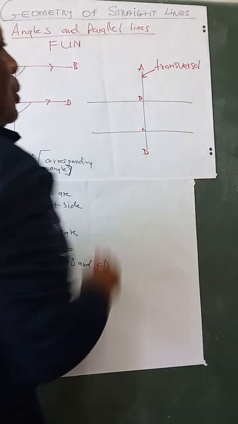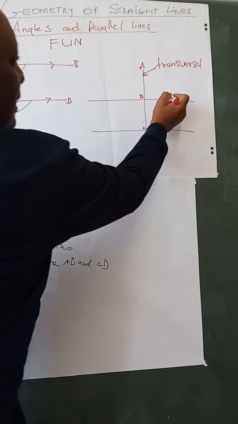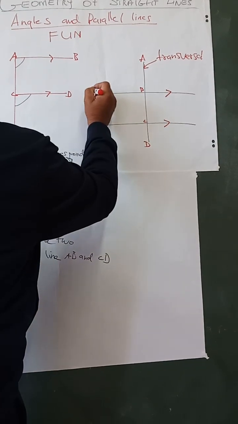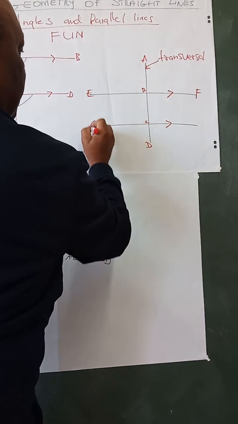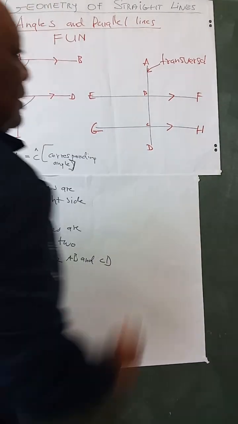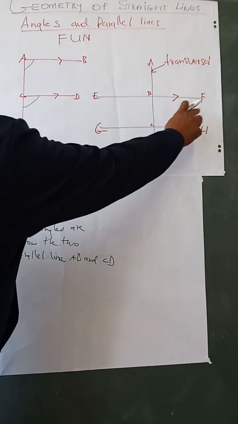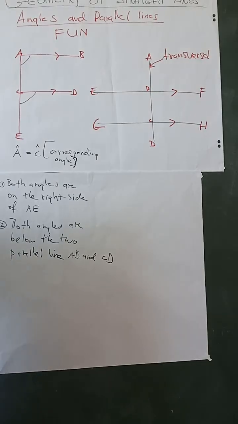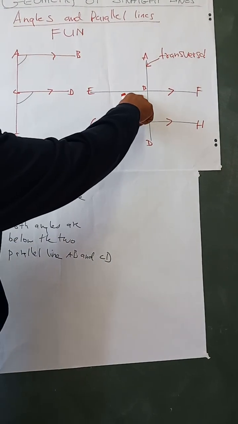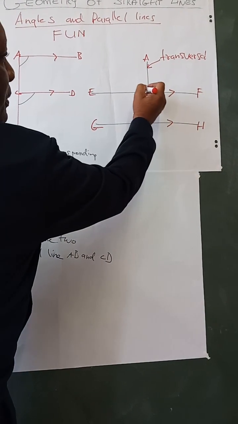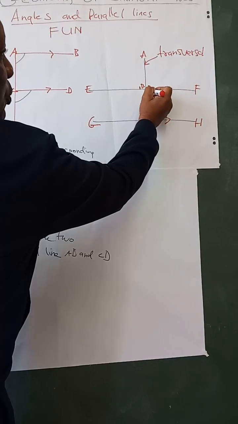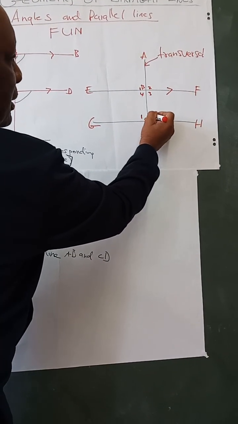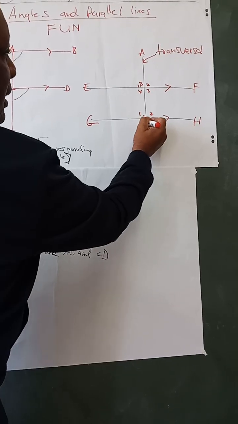This line is called a transversal. Then if this line is A, B, C, D, then we got E, F, G, H. Line EF is parallel to line GH. At point B, we've got B1, B2, B3, B4. At point C, we've got C1, C2, C3, C4.